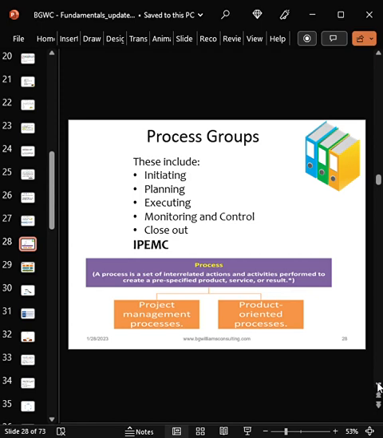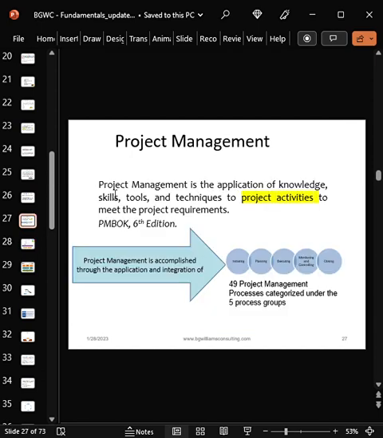So what are the processes? We have what is referred to as process groups and 49 project management processes. Let me say that again. We have 49 project management processes, which means in managing our project, there are 49 project management processes we can use.